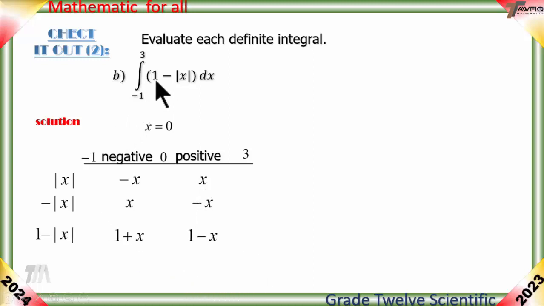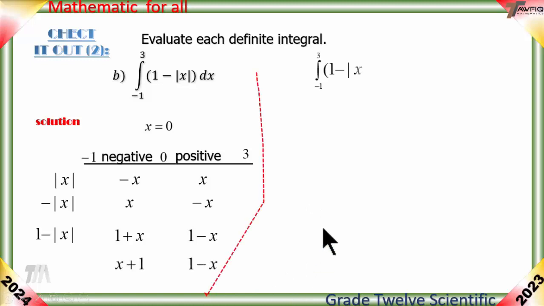After that, adding 1 to them is 1 minus absolute value of x: 1 plus x, 1 minus x. So the function in the interval minus 1 to 0 is 1 plus x, and the function in the interval 0 to 4 is 1 minus x. And now the integration is equal.